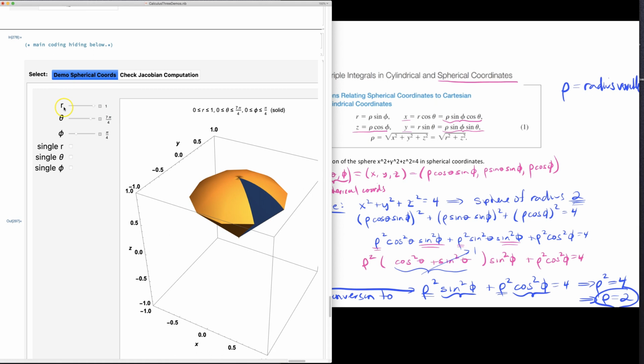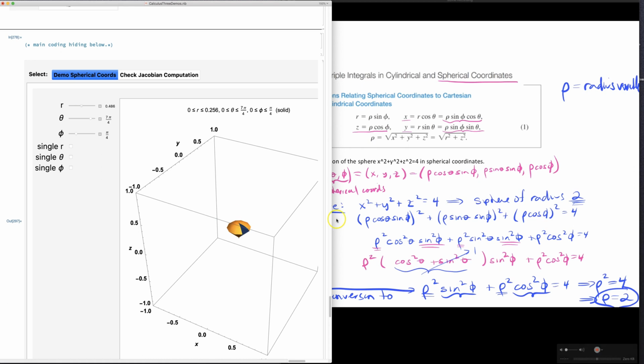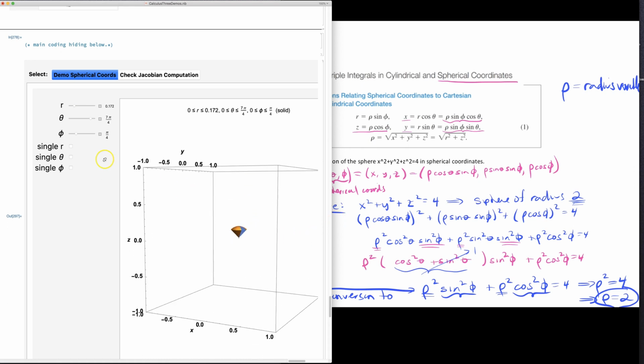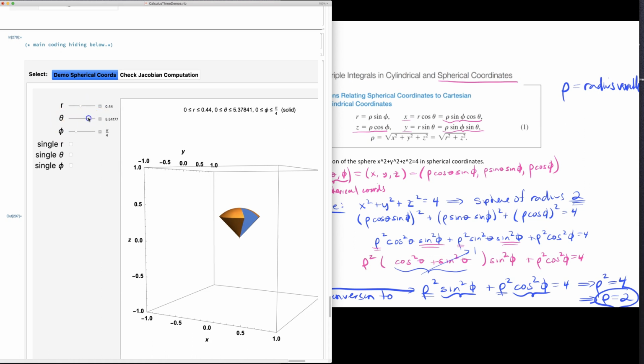Now in this demo, r is equal to the variable rho. So what we're seeing here is that if you change the variable rho, we get a shape that is getting smaller in size, for example. And there are two angle variables, theta and phi.